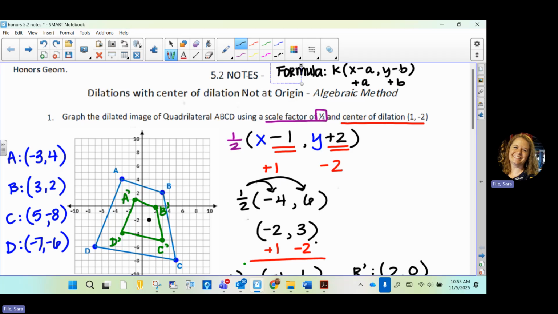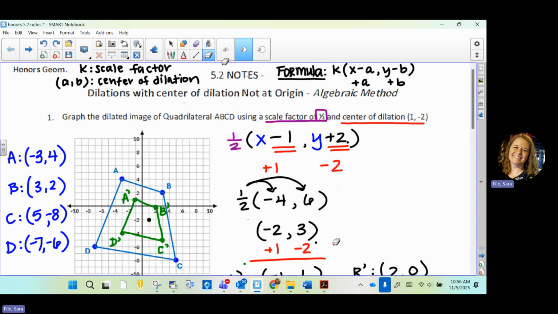If that helps you, you would maybe need to make a note over here that K is your scale factor. A, B is your center of dilation. But that's what you're essentially doing for the algebraic process.